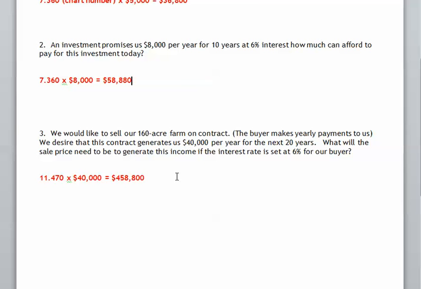We will want to be able to get paid every year in our retirement. In this case, we want to make $40,000 a year every year for the next 20 years. So that's an annuity. We're paid annually 40,000 bucks for 20 years. What will the sale price need to be to generate this income if the interest rate is 6%?